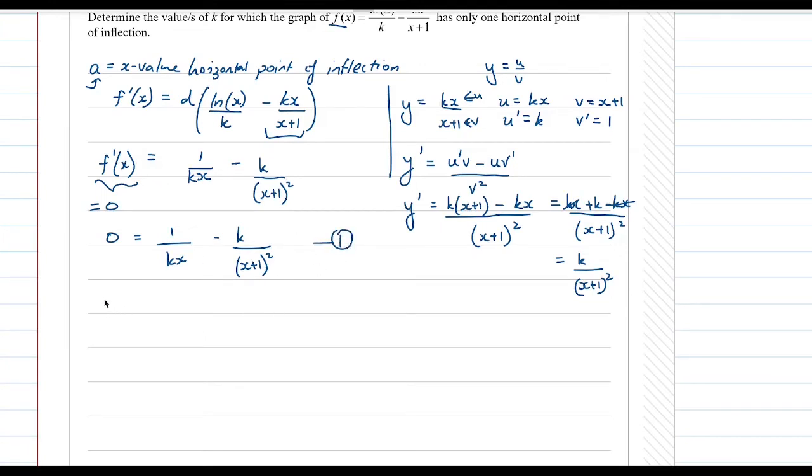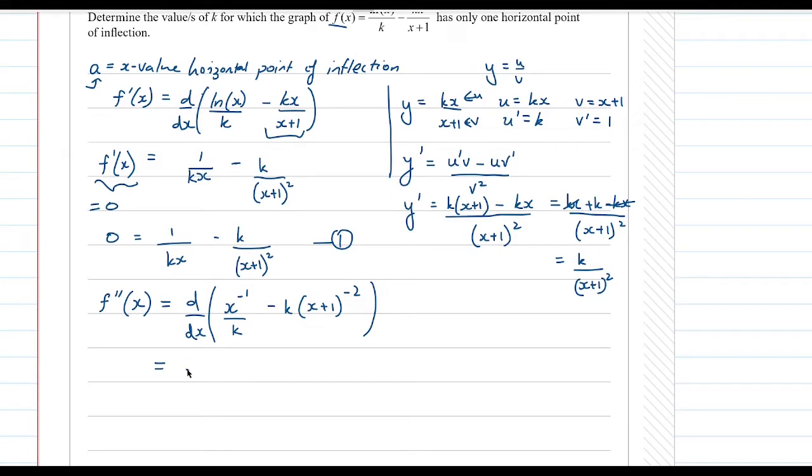Now let's also find f double dash of x, the second derivative, by differentiating this. So d over dx of, and I'm going to write this as x to the negative 1 over k, just because it's easier to differentiate. Any time you bring a denominator to the numerator, the power becomes negative. And same thing here, minus k, I'm going to bring this to the numerator as well, and it's going to be to the negative 2. Let's differentiate that.